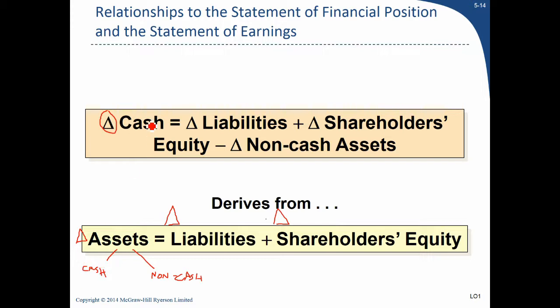We leave cash on the left-hand side, we leave liabilities, we leave shareholders' equity, and we move the non-cash, because it's positive, over to the other side and put a negative sign over it. And now we have that the change in cash is going to be equivalent to your change in liabilities plus your change in shareholders' equity minus your change in non-cash assets. So it's just a different way to think about it if you want to try to solve for it this way.